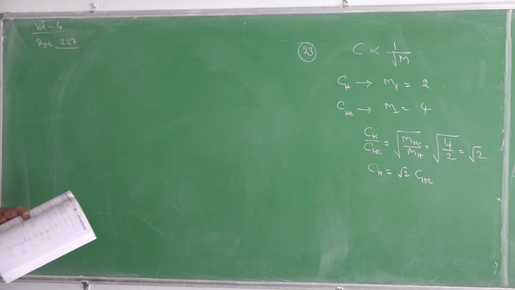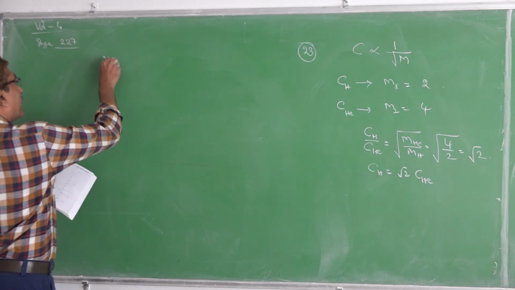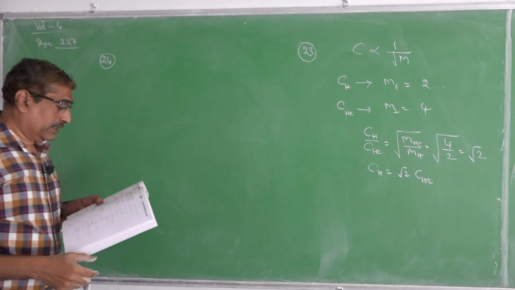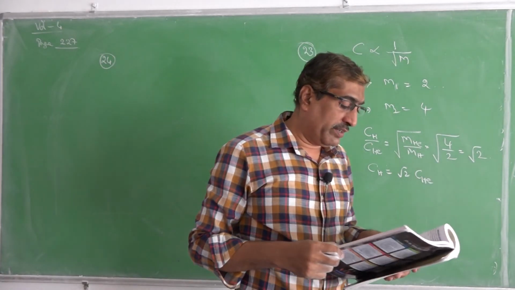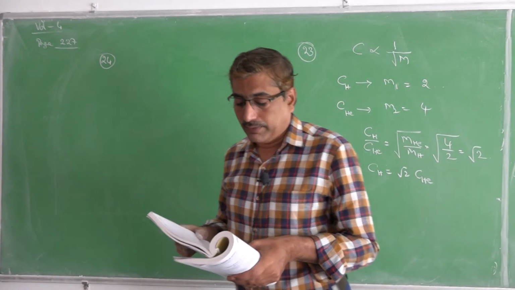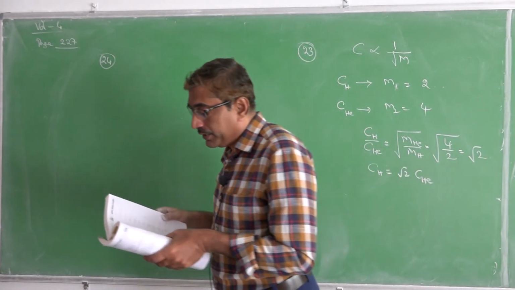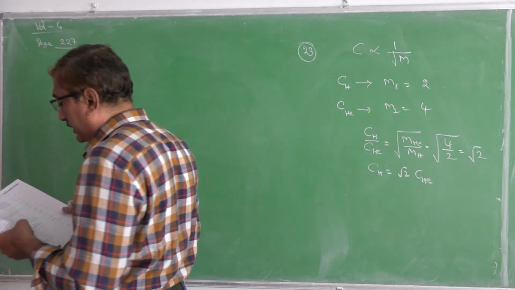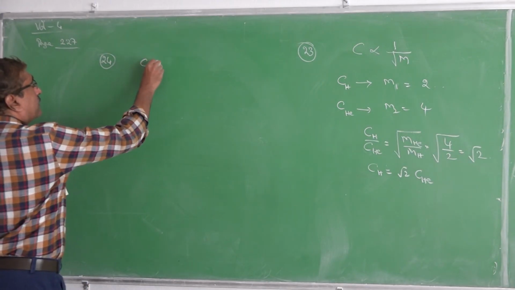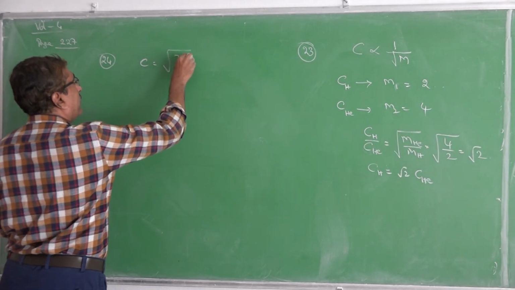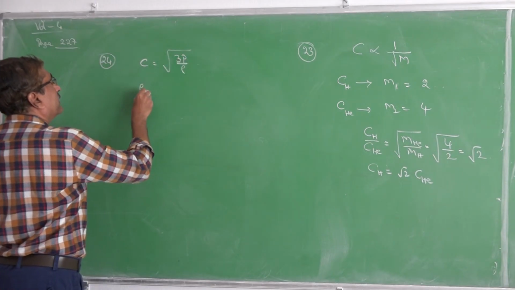Okay, next, 24th. The root mean square speed of a gas of density 1.5 gram per liter at a pressure of 2 into 10 to the power 6 Newton per meter square is, okay, the simple one. The RMS velocity is equal to square root of 3p by density rho.